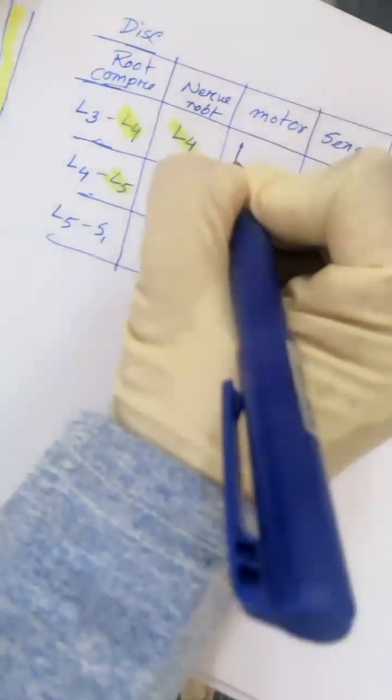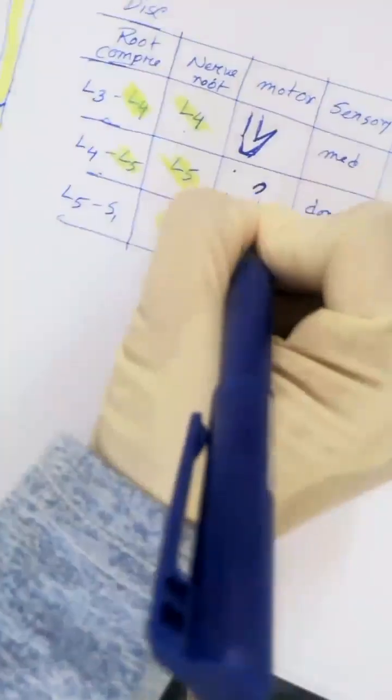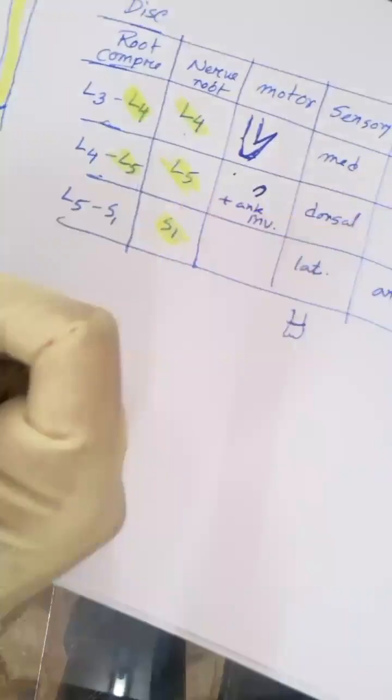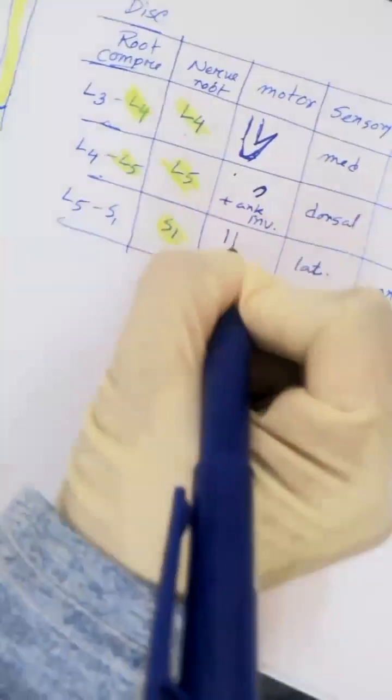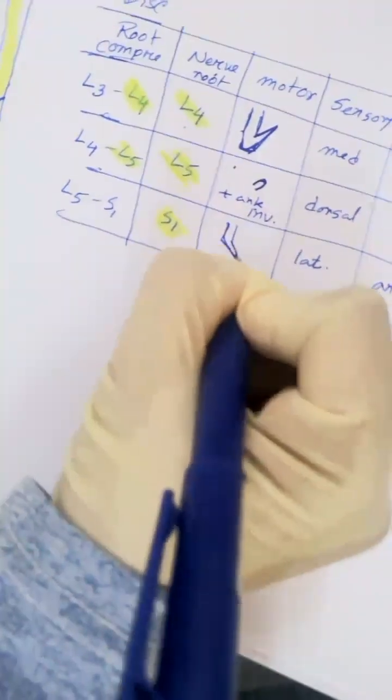L4 causes dorsiflexion of the whole foot. L5 causes dorsiflexion of the great toe only, plus ankle inversion. And the last one, S1, does plantar flexion of the foot.